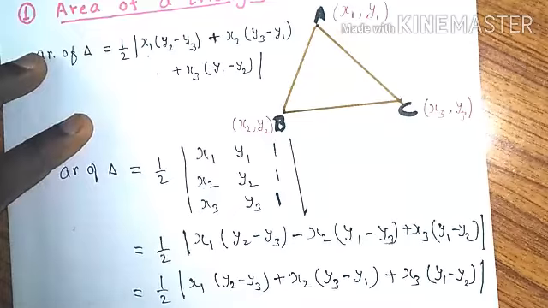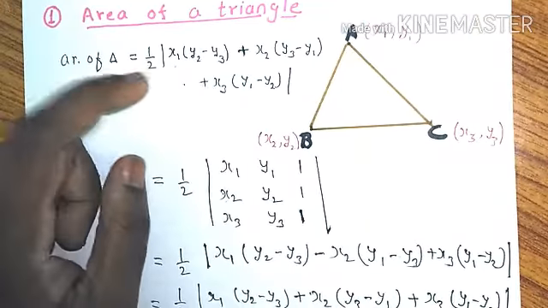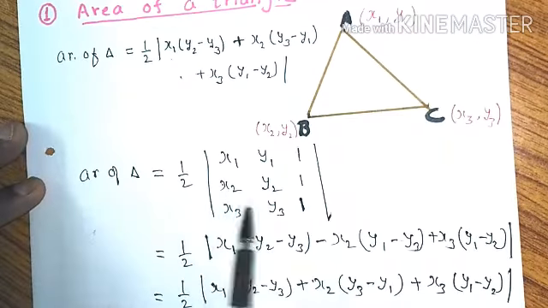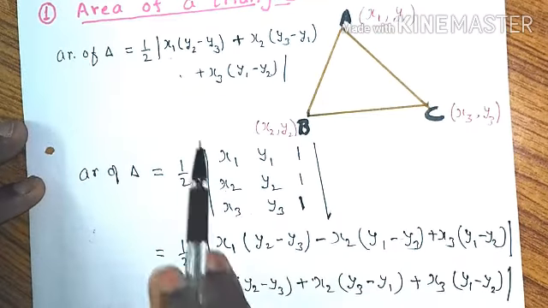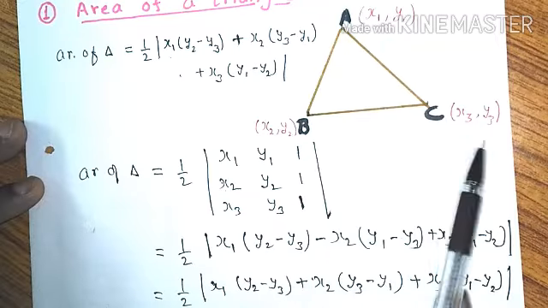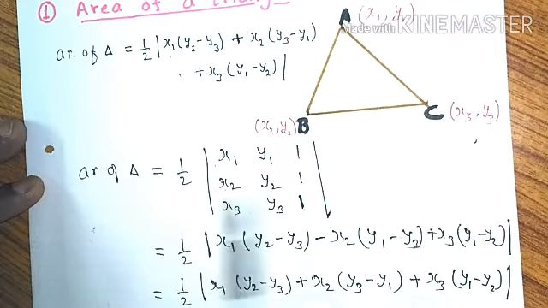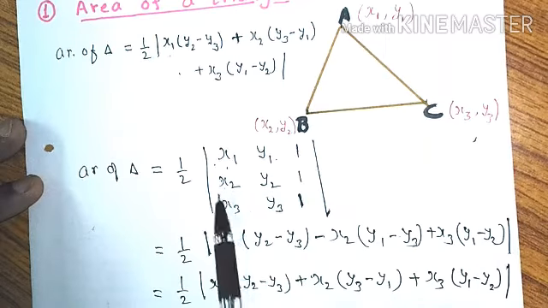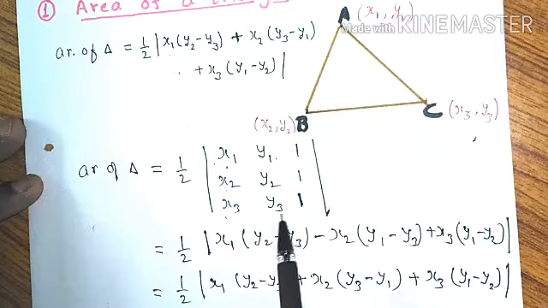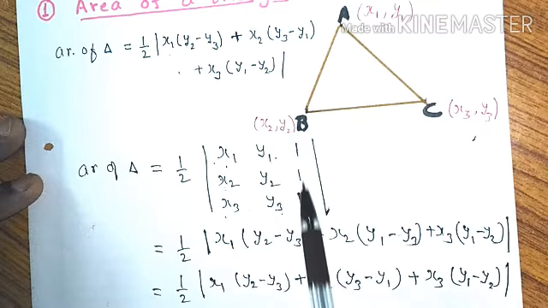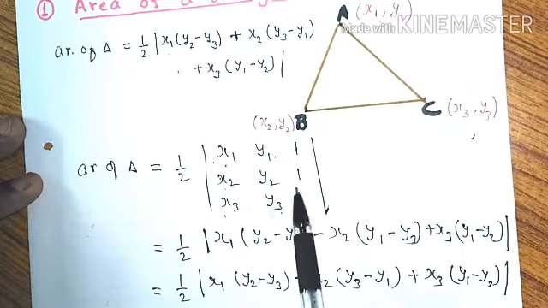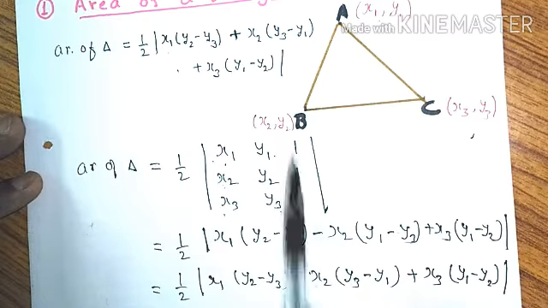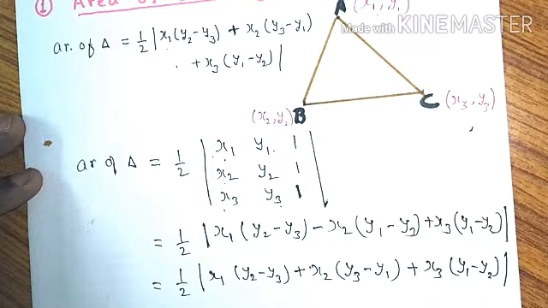So this expression exactly matches the one we learned in class 10. This is one application of the determinant: writing the vertices of the triangle as a determinant with the first vertex x1, y1, second x2, y2 and third x3, y3, and in the third column we write 1, because only then will the expansion match exactly. That is why 1 is written here.